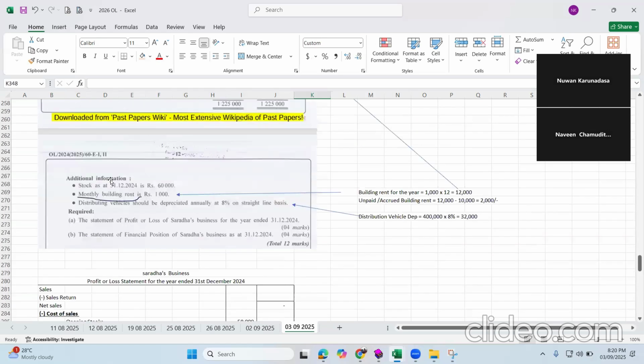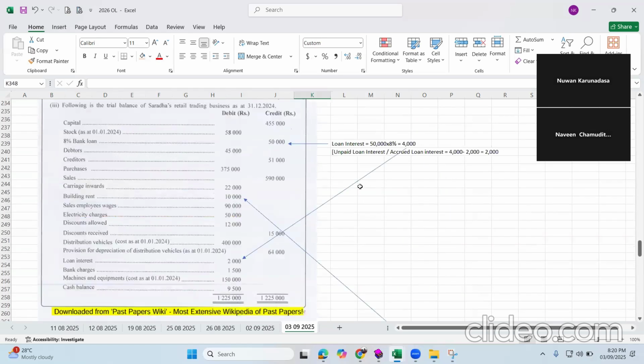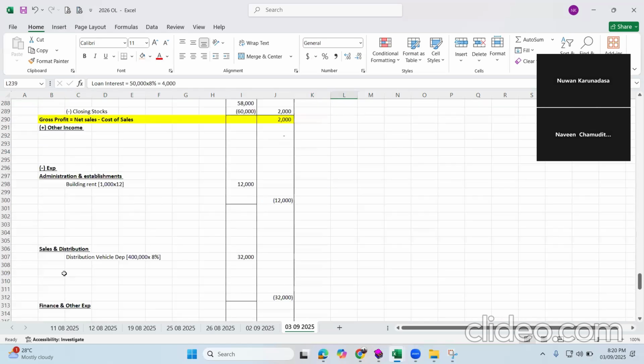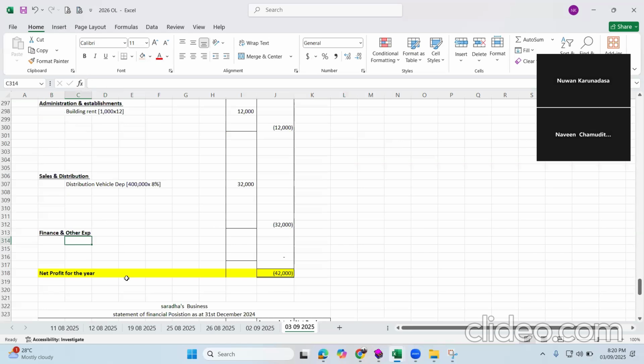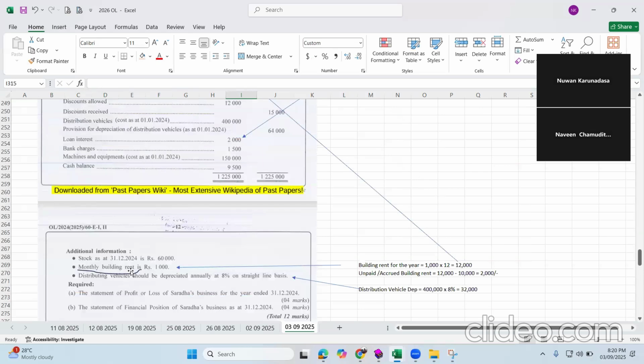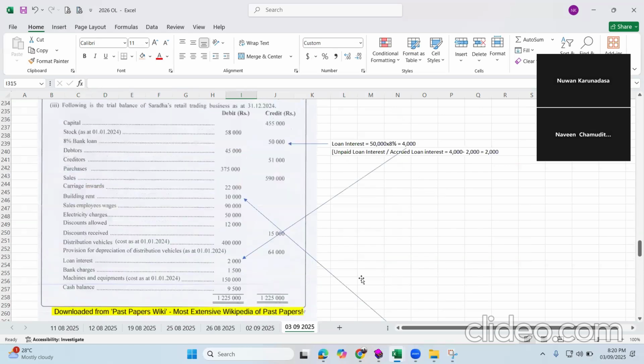Then we did here the interest also. Loan interest came how much? Loan interest came 4,000. Finance expense. 50,000 into 8% is 4,000. Here you haven't paid all of that. Only you have paid the 2,000.